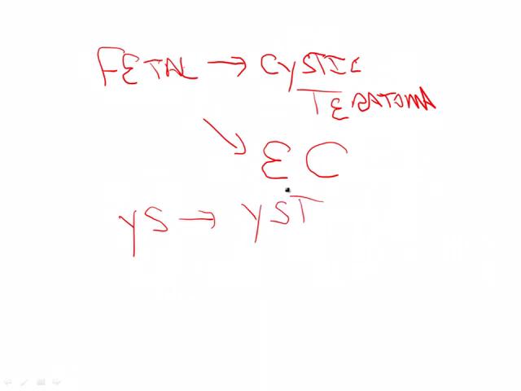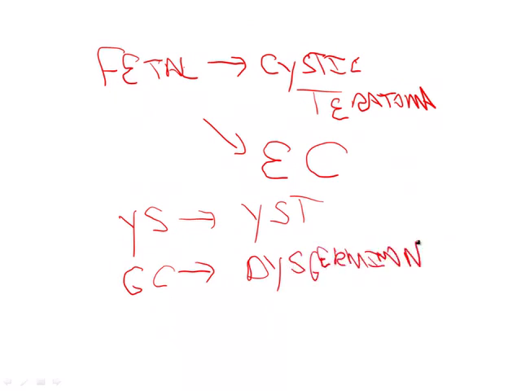Another type of tissue that the germ cell can make, it can make additional germ cells. And when you have a tumor of a mass of a bunch of germ cells, we call that dysgerminoma. All right, dysgerminoma. And then in addition, the oocyte or the egg needs to be able to make placenta.